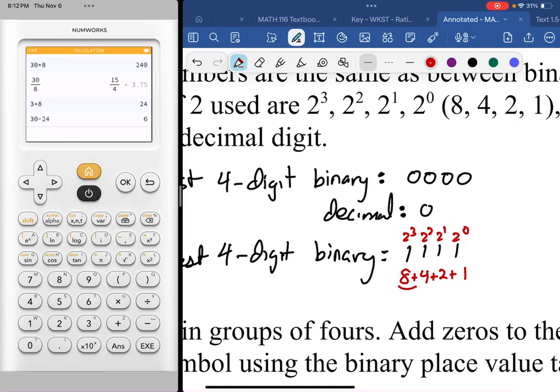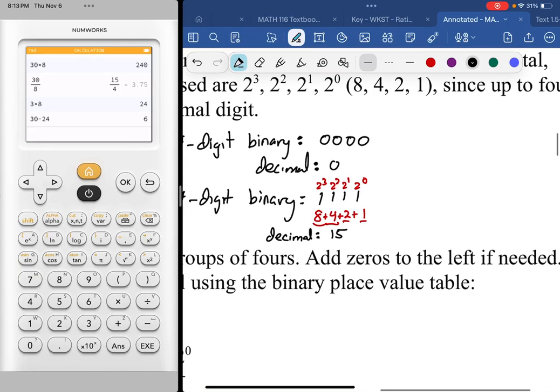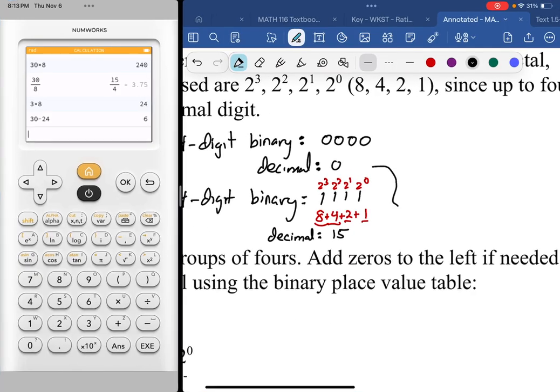We're looking at 12, 13, 14, 15, all right? So the largest 4-digit binary number, converted into decimal form, would be 15. And that's a total of 16 values.